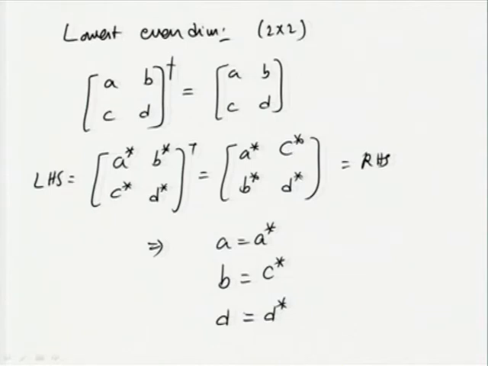That is what will happen if you have larger dimensions. So, let us take 2 by 2 and then this is how it is. Any Hermitian matrix you can write as A, B, B star, D, fine.